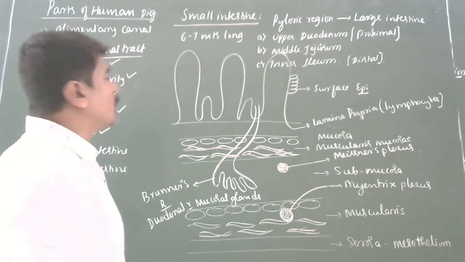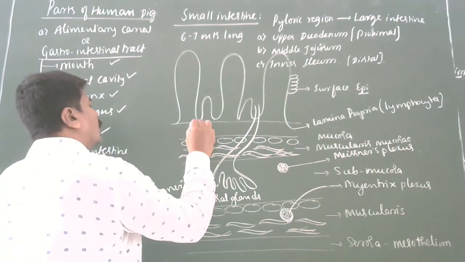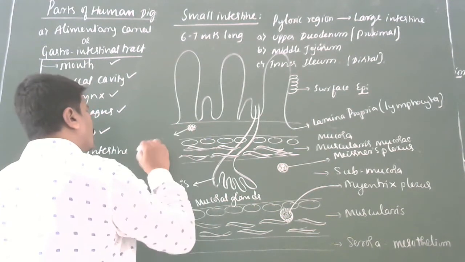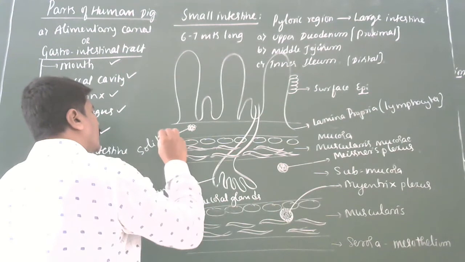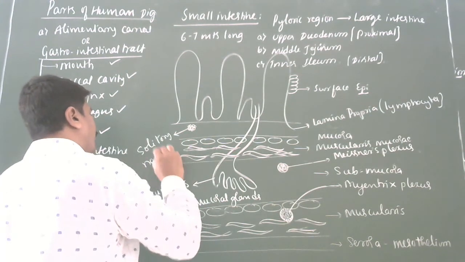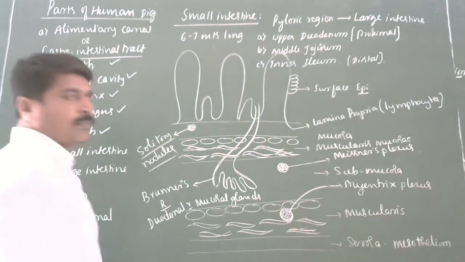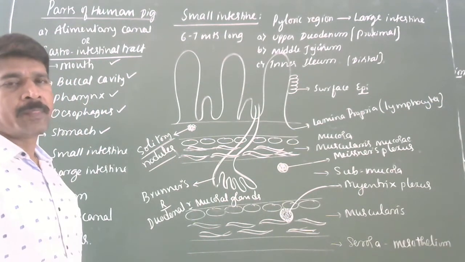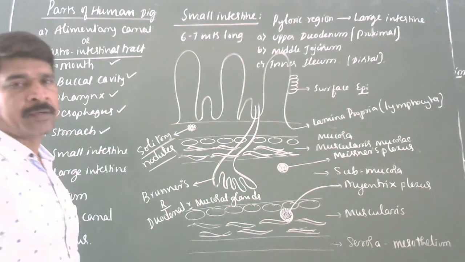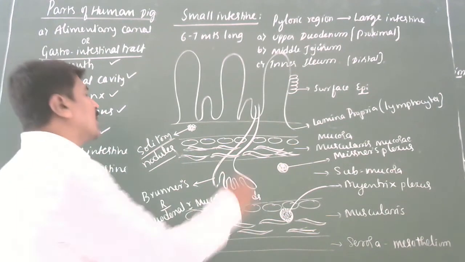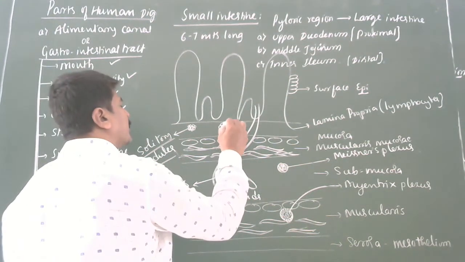These lymphocytes are always found in groups. Such groups of lymphocytes are called solitary nodules. In the ileum, the last part of the small intestine, about 10 to 70 solitary nodules are aggregated together.